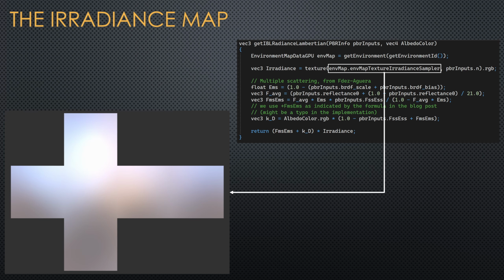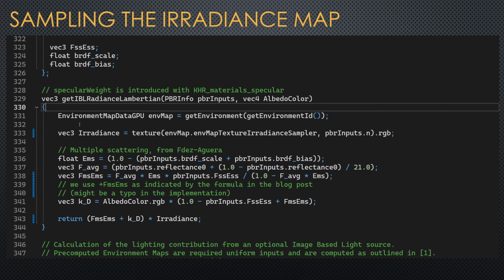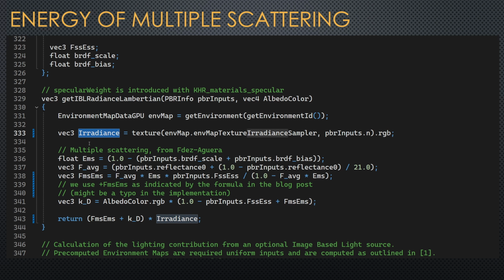Again, we won't be going over the details of creating this texture because we simply don't have enough time here. We start this calculation by sampling the irradiance map using the normal. This gives us the incoming light from all directions. Next, we calculate the energy of multiple scattering, or EMS.